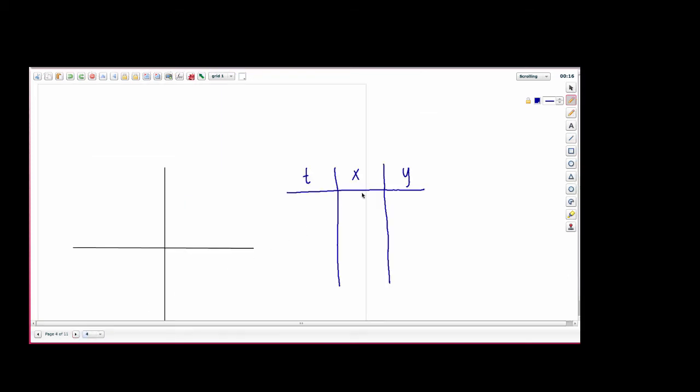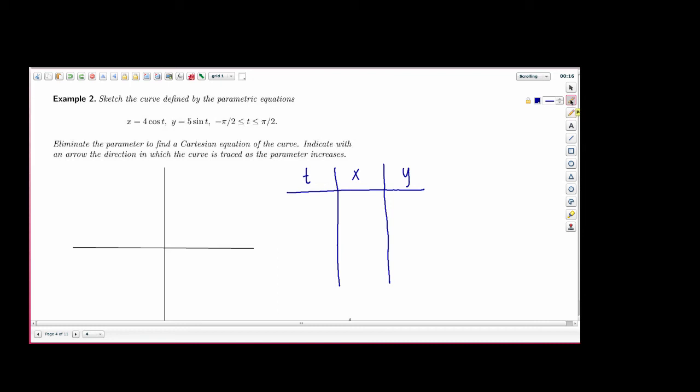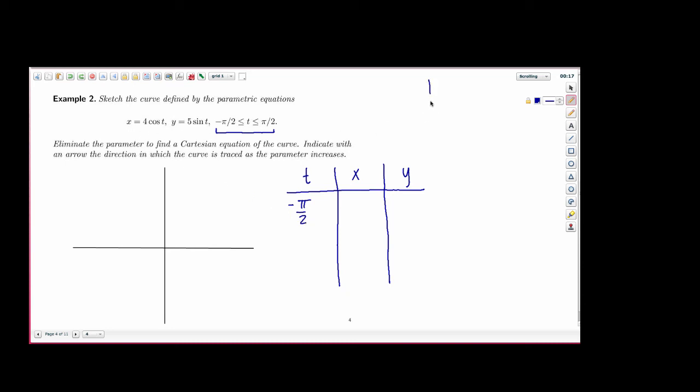Okay, so we've seen one example. Let's do one more quick example of sketching a parametric curve and then eliminating the parameter. So here, my t-bounds, t is going from minus pi over 2 to pi over 2. So let's just start. When t is minus pi over 2, x is 4 cosine of minus pi over 2. So think about our unit circle.